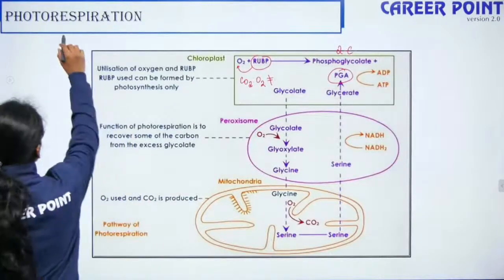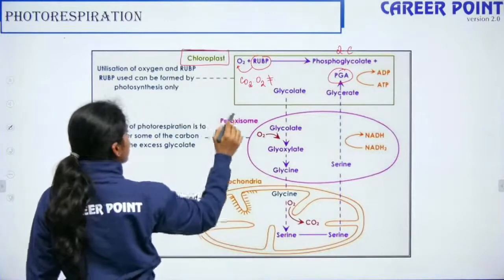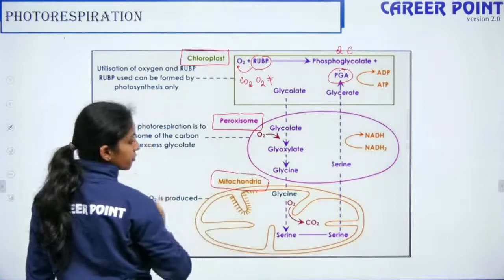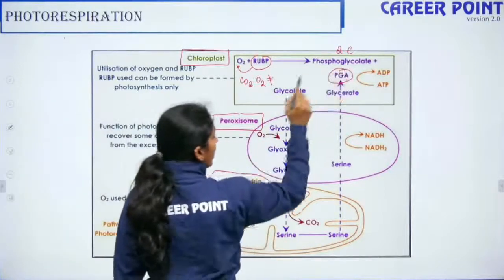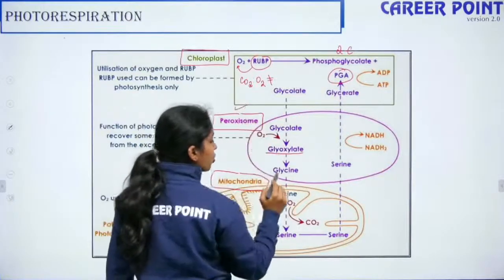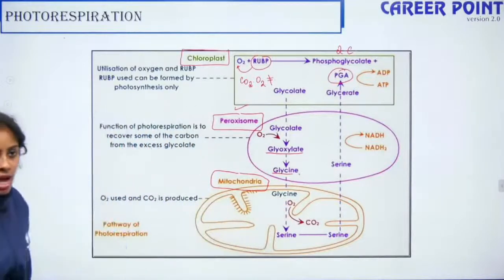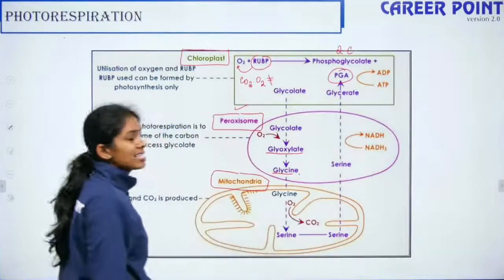So if you see, your photorespiration happens in 3 locations: chloroplast, peroxisome and mitochondria. So this phosphoglycolate will now be converted into glyoxylate inside the peroxisome, glycine, and then this glycine will be passed into the mitochondria where it will be further converted into serine and then it will go back as glycerate.